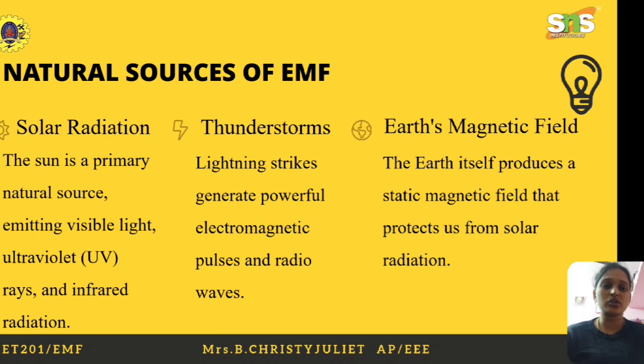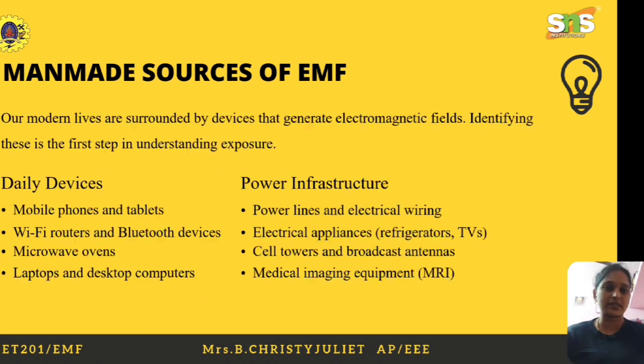Thunderstorms and lightning strikes generate powerful electromagnetic pulses and radio waves. And of course, the Earth itself is like a big magnet, so it produces a static magnetic field that protects us from solar radiation. Altogether, these three form the natural sources of electromagnetic fields.